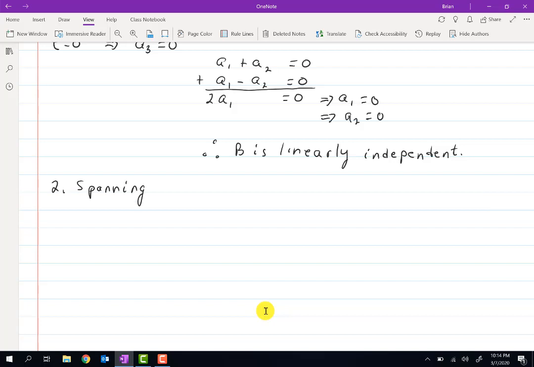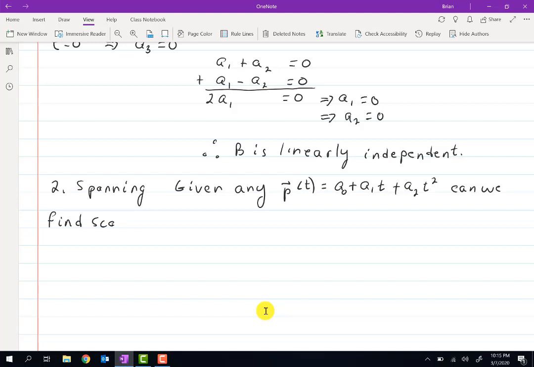So, given any polynomial, let's say equals a naught plus a1t plus a2t squared, can we find constants or scalars, see what letter should I use? Maybe B, I don't know. I'll stay away from B2.